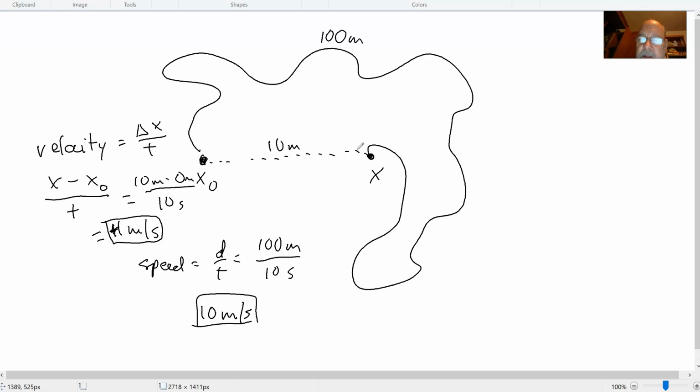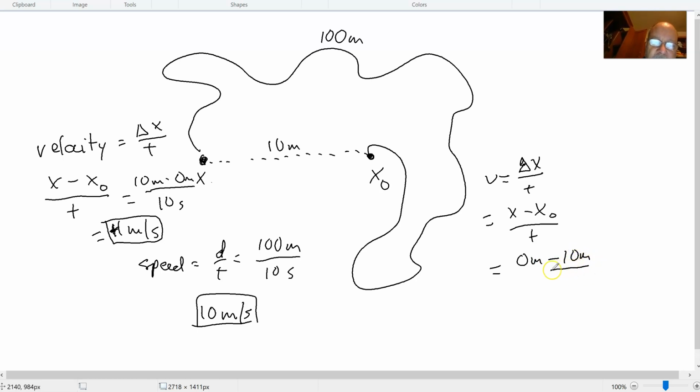Okay, likewise, if I make it x0 over here, if I say this is my initial position and this is my final position, then I would say v equals delta x over t equals x minus x0 over t equals 0, which is my final position, minus 10 meters, which is my initial position, divided by 10 seconds.